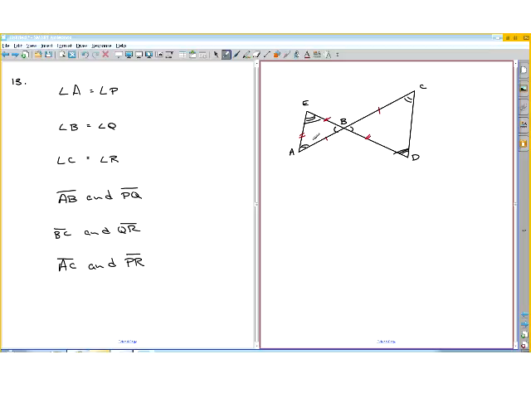These are the corresponding ones, and these are the ones opposite. So if we did what we did before, angle A would be equal to angle C. Angle E, which is up here, would correspond down here to angle D. And angle B, of course, is equal to angle B, the same angle.